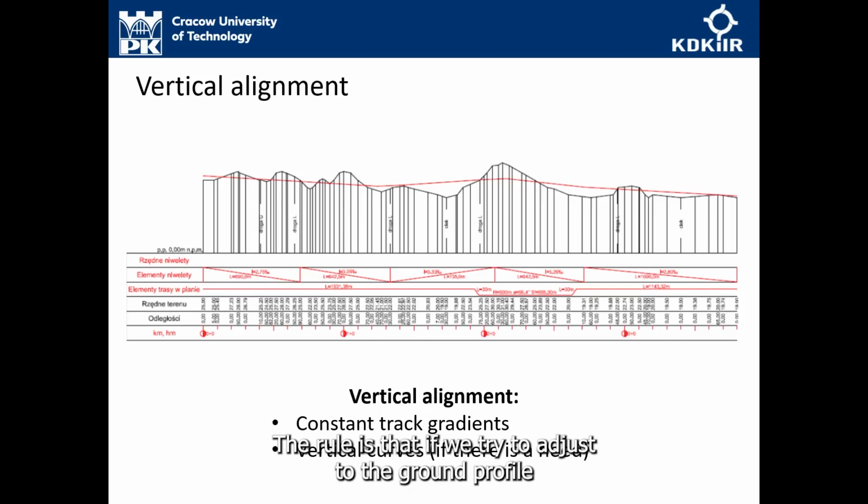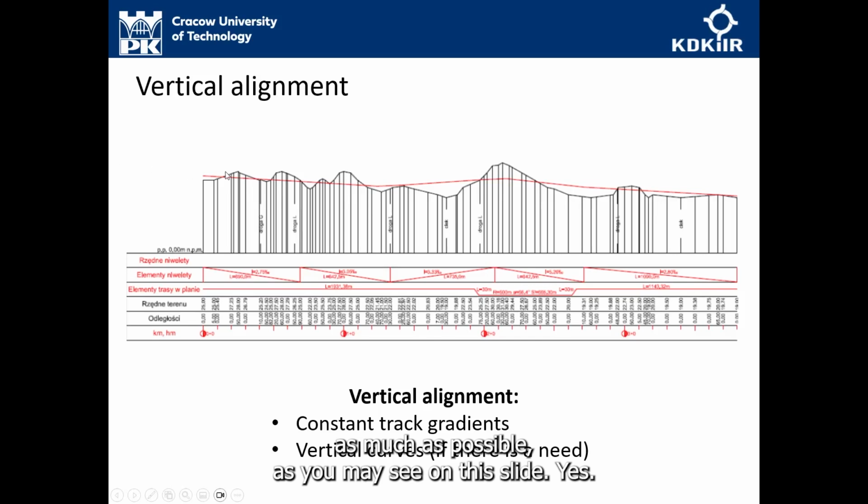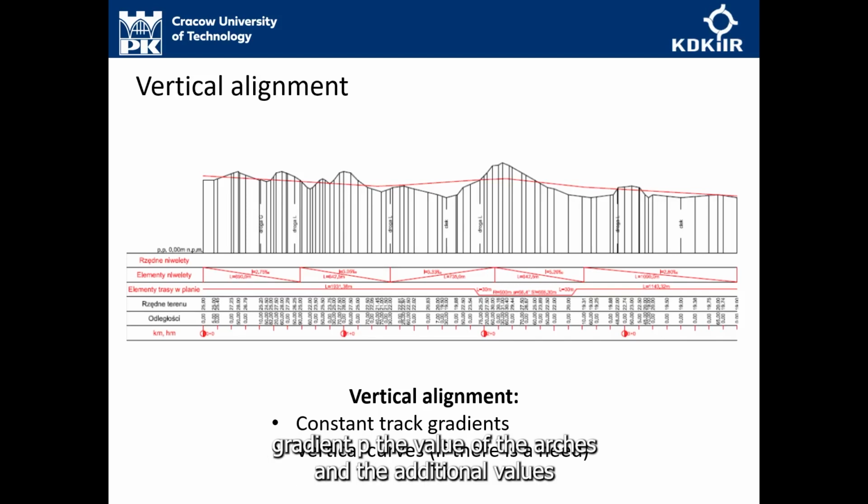The rule is that we try to adjust to the ground profile as much as possible, as you may see on this slide. Here are the constant gradient sections with constant gradient P value. Also, we introduced certain markings: the length of the sections with a constant gradient P, the value of the vertical arches, and the additional values of the horizontal alignment of our railway line.